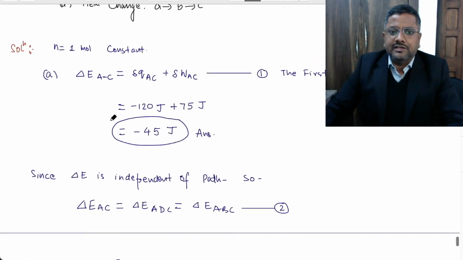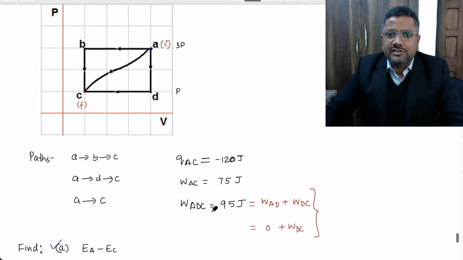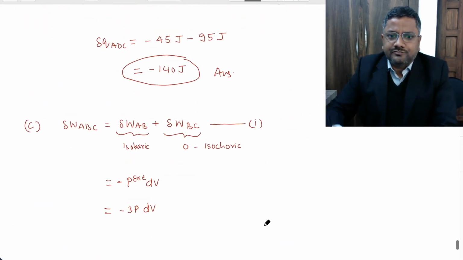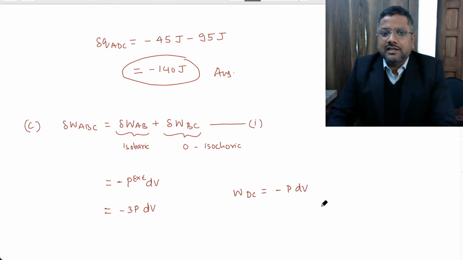And now see, you have this WDC. It is given somewhere. Yes, WDC is given. And you know WDC is equal to WADC, because here work is 0. So WDC is equal to minus PdV, right?